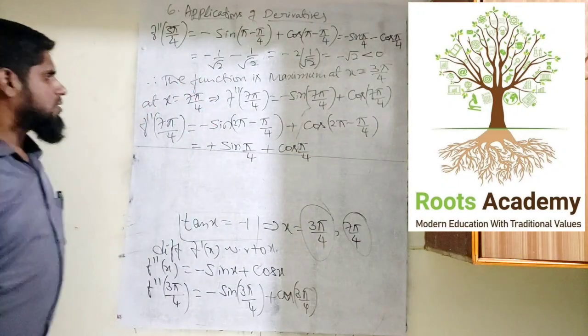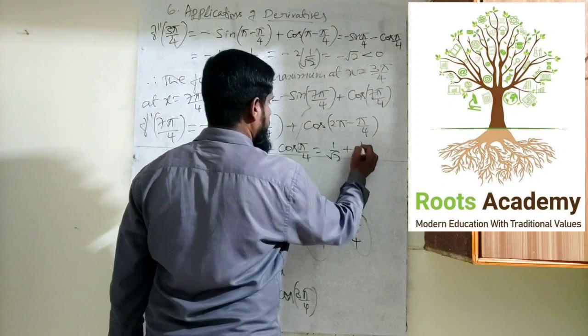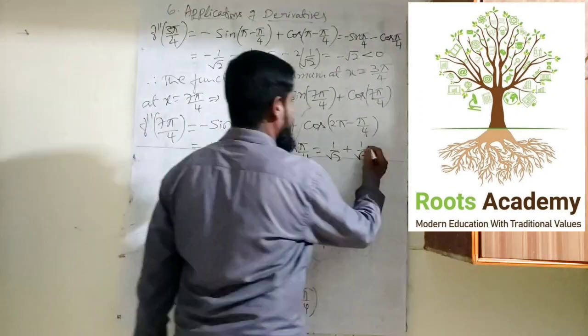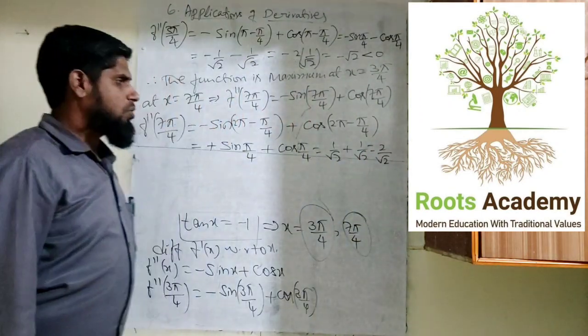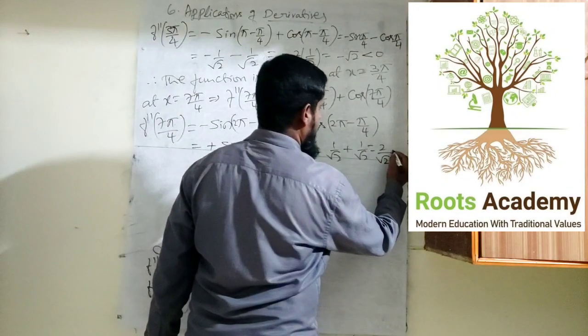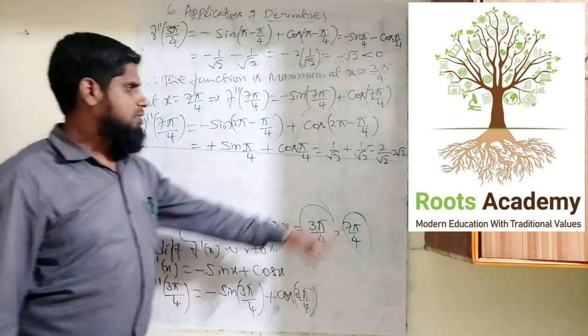Again, sin pi by 4 is 1 by root 2 plus cos pi by 4 is also 1 by root 2. So this becomes 2 times 1 by root 2, which is root 2.